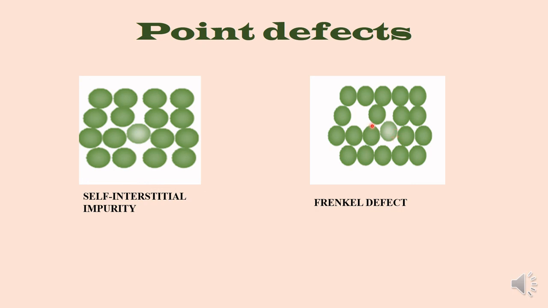So when an interstitial type of defect plus one vacancy defect are present in a lattice structure, this defect is called a Frenkel defect. So these are all the five types of point defects which I discussed in this lecture.